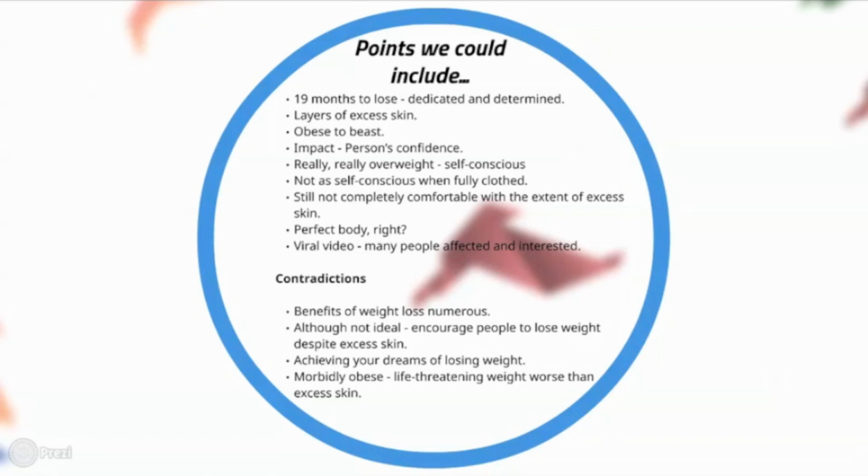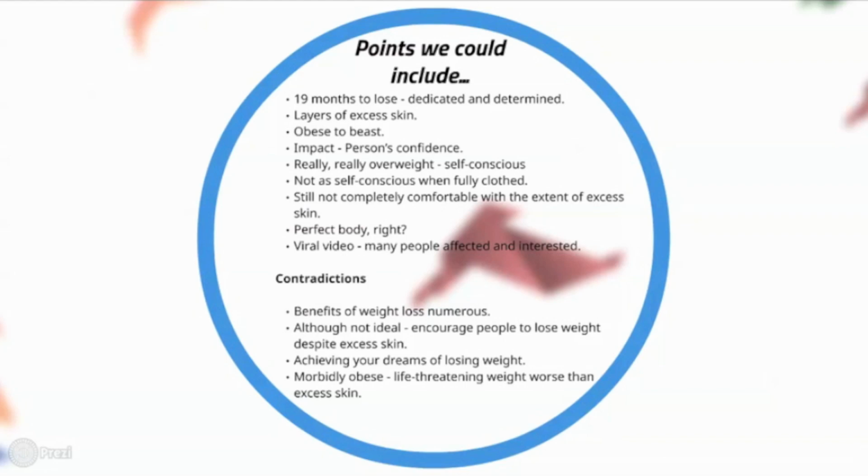So I've picked out some contradictions or contrasts in ideas and thoughts within this article. So while it states that there are benefits, the benefits of weight loss are numerous, obviously you can then discuss that his self-confidence has not increased, okay? The fact that although it's not ideal, it encourages people to lose weight despite the excess skin.